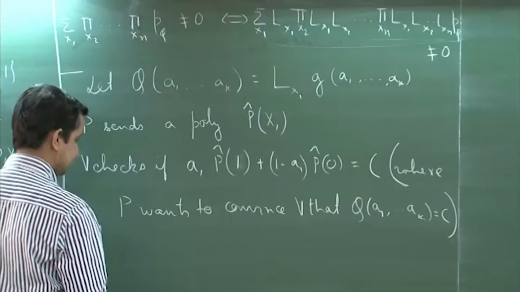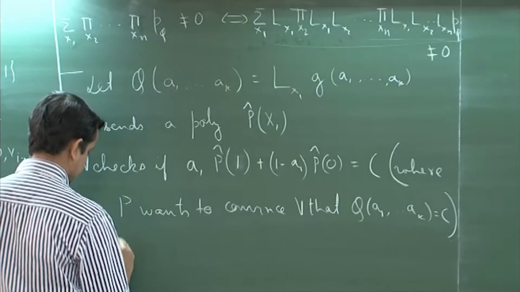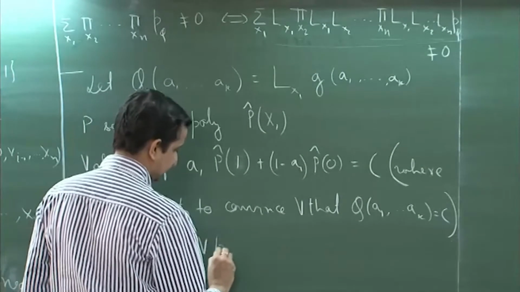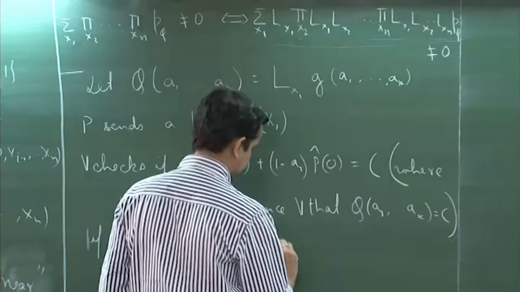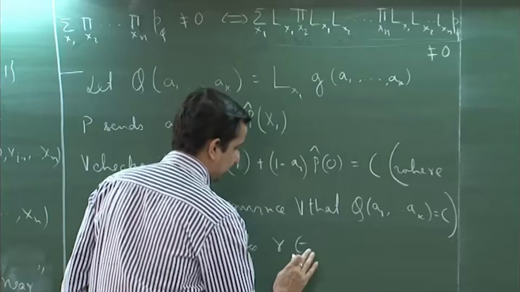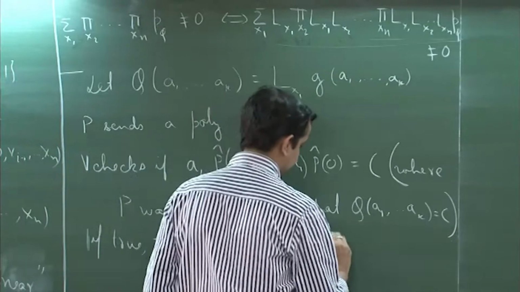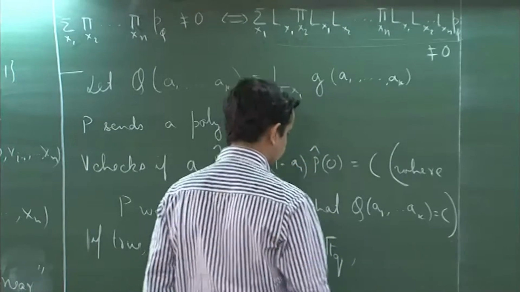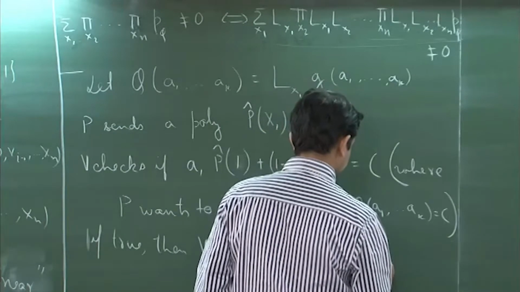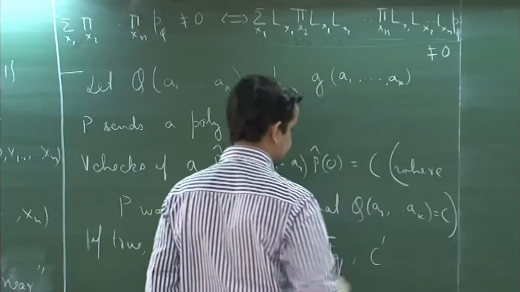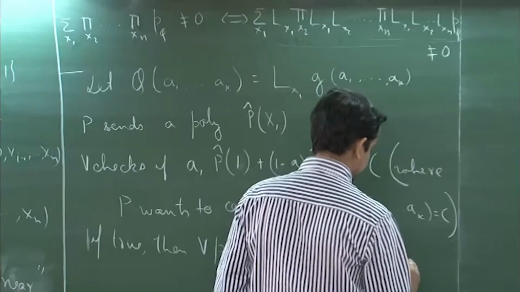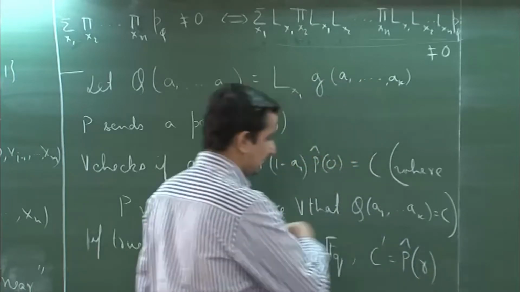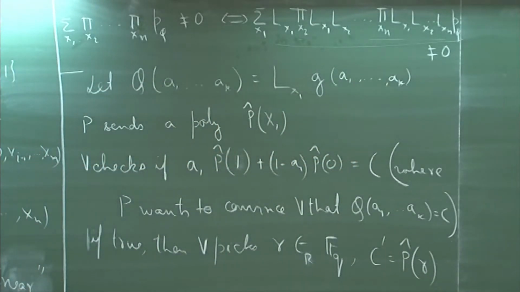If true, then V picks R randomly from the field FQ, computes the next C prime, the C prime for the next round, which is equal to P hat of R, and then sends back R to the prover.